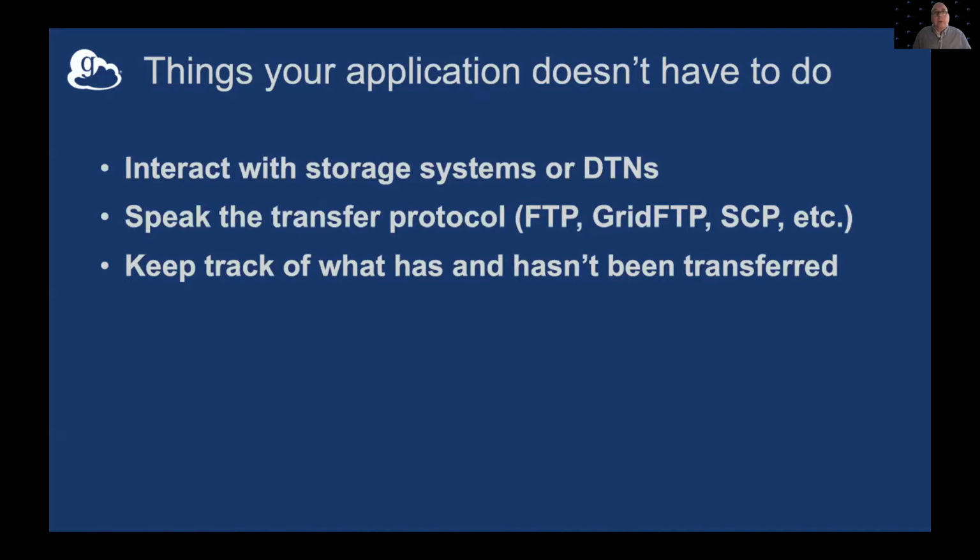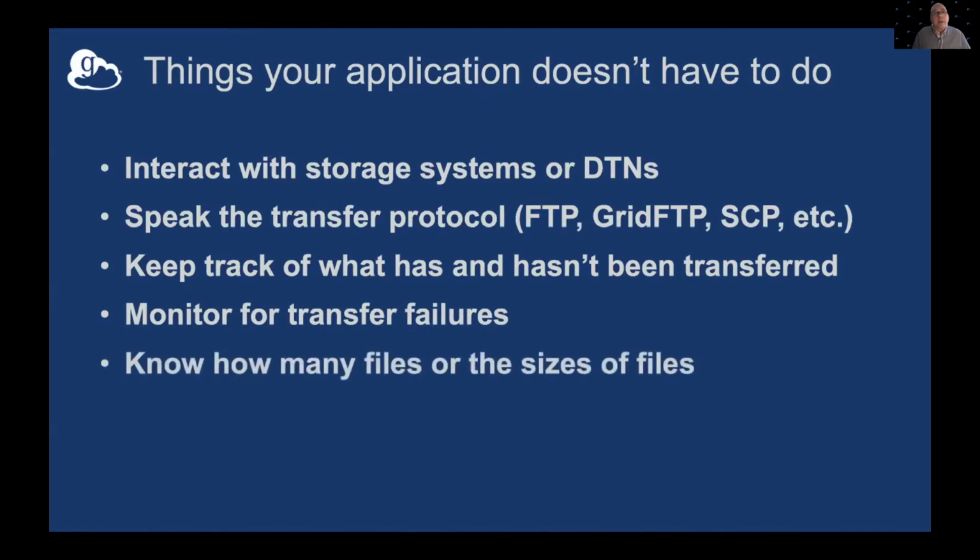Even if one of the endpoints goes down for an hour, or they get cut off from the network for some reason, it doesn't matter from the gateway's perspective. You don't have to be the one who's responsible for restarting that. Globus will do that for your gateway.